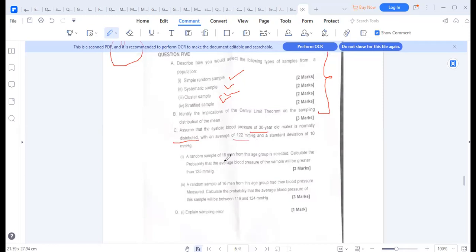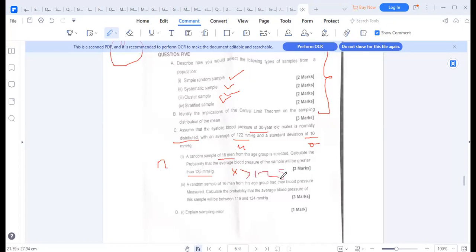Mu is 122. The standard deviation is 10. A random sample of 16 men from this age group were selected, so our n is 16. Calculate the probability that the blood pressure will be greater than 125. So X is greater than 125.